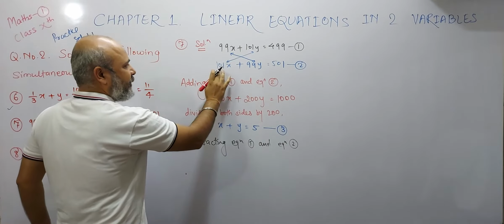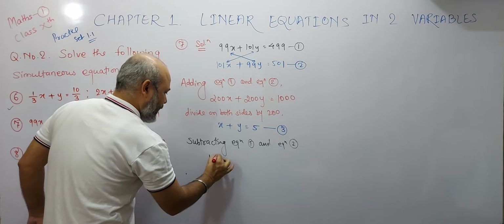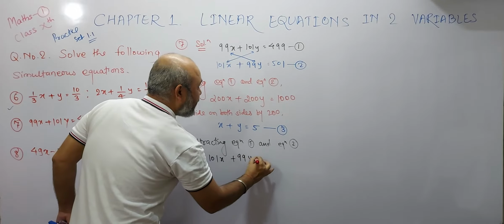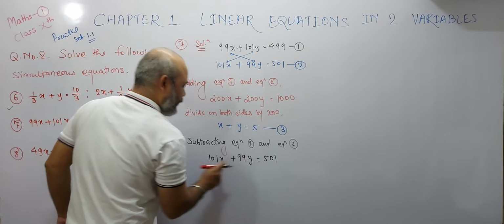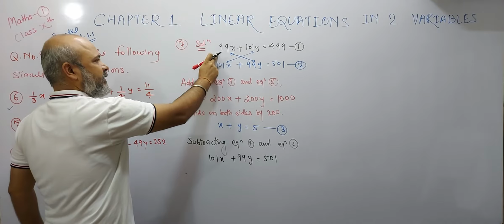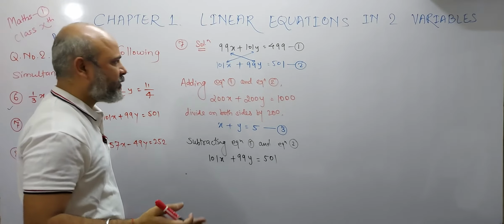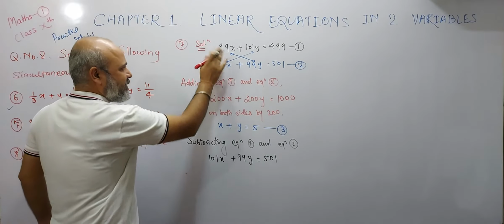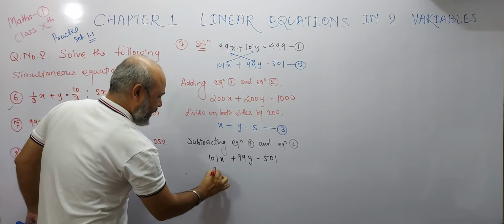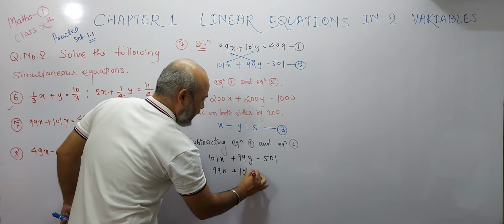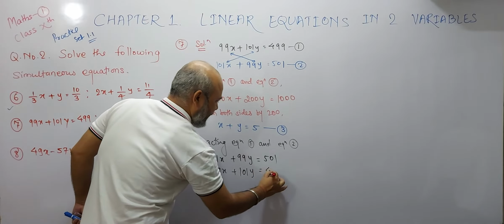So I will write equation 2 first, 101x plus 99y, and this is equal to 501. You may write the first equation first or the second equation first, no problem, this is your choice. Then I will write the first equation, 99x plus 101y, and this is equal to 499.